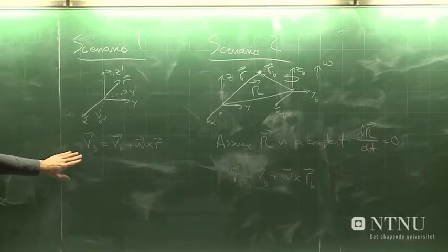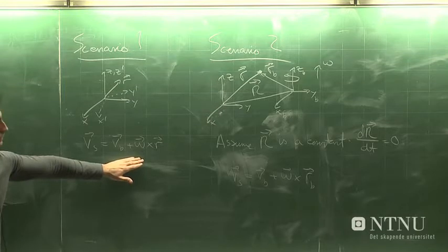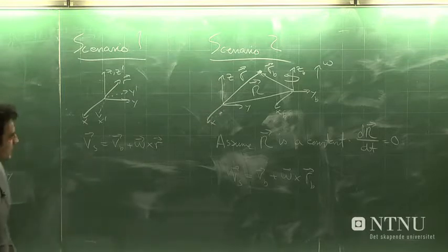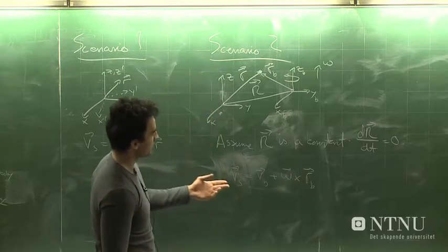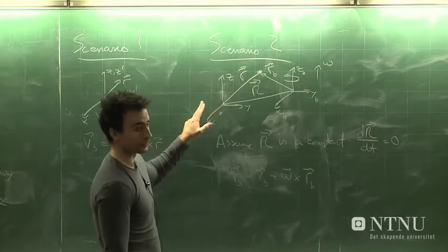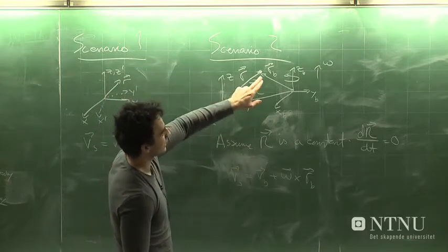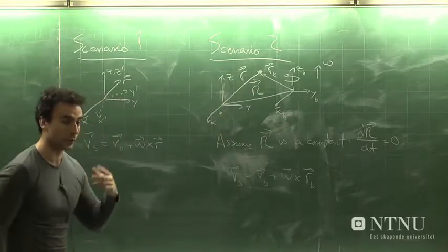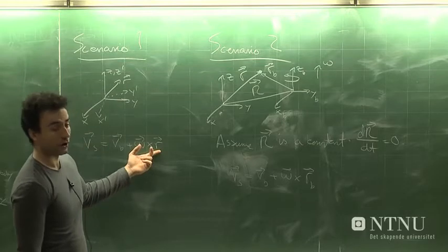Then we have to be careful about what the terms in this equation actually represent. Because we still have the same operator relation, but now Vs, as before, is the velocity of the object as seen from the fixed system. Vb is the velocity of the object as seen from the rotating system. But then one can ask, okay, so which r should we use?